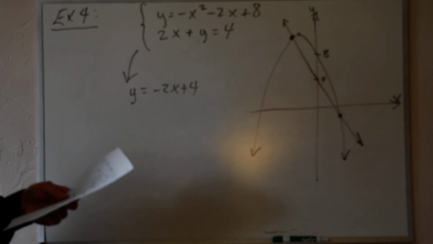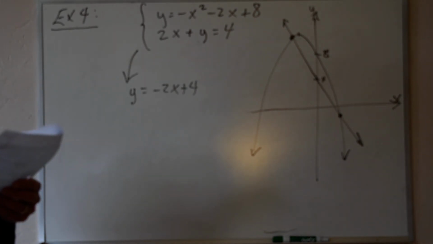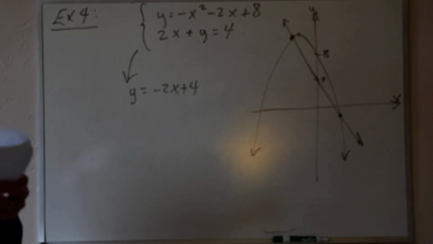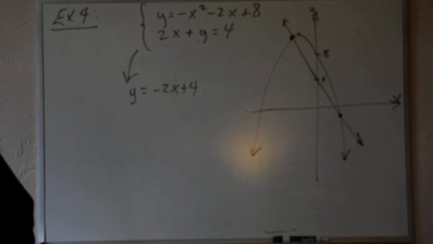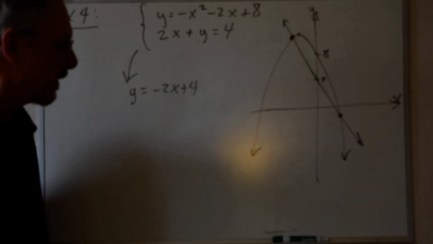Now, use your device to zero in on those points of intersection and you will get your answer. The points of intersection are the solution. So in this case, the devices tell us negative 2, positive 8 and 2, 0.